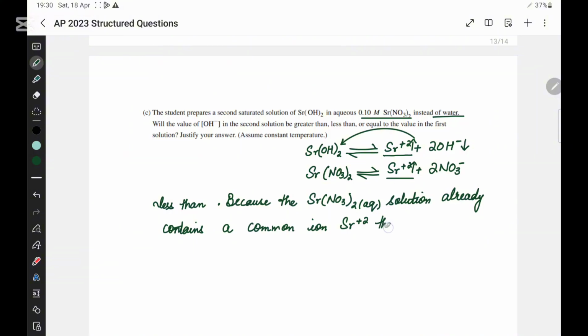The solubility of strontium hydroxide decreases, and also decreases the OH ion concentration.